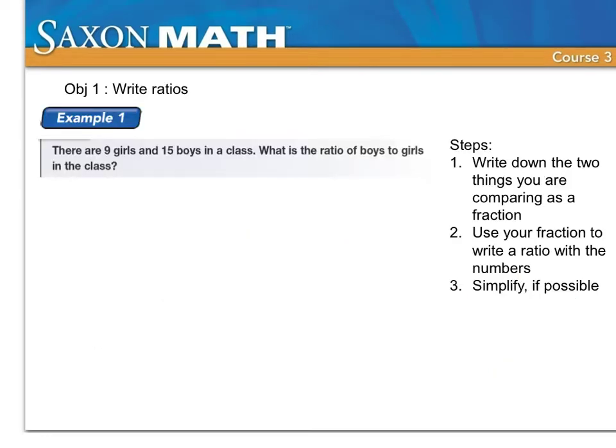So objective 1 is to write ratios, and we've got some steps here we'll talk about in just a second. First let's talk about the problem. There are 9 girls and 15 boys in a class. What is the ratio of boys to girls in the class? So we've got 9 girls and 15 boys, and I want to know the ratio of boys to girls.